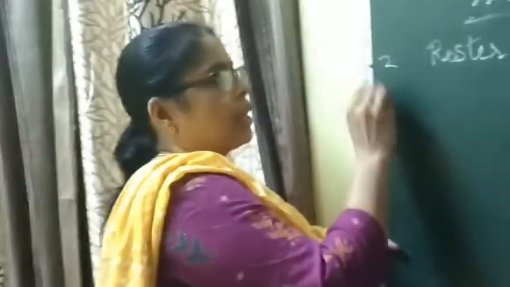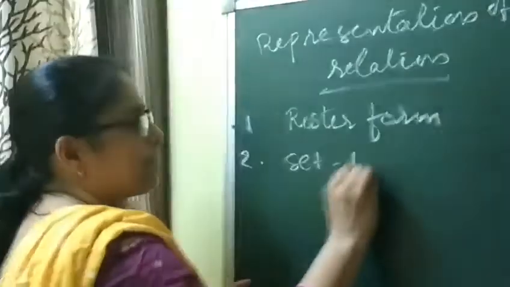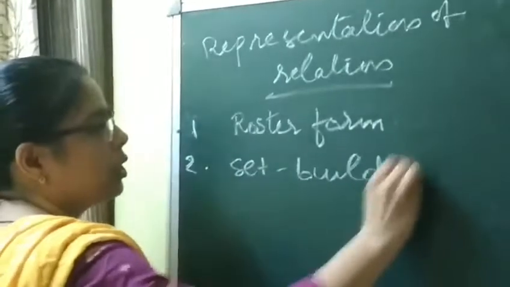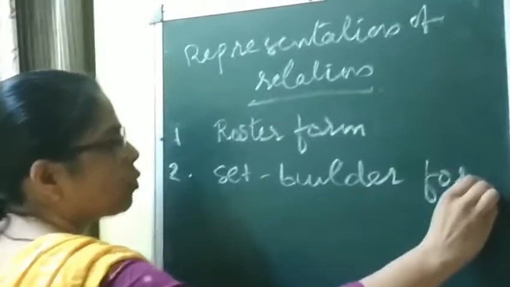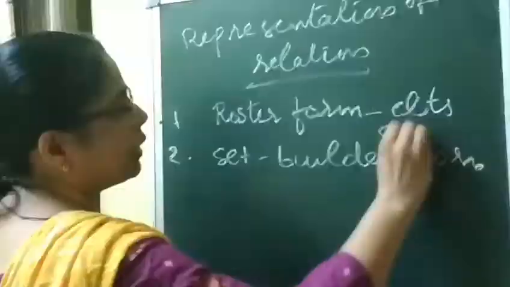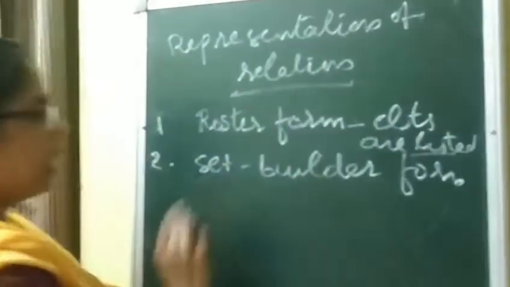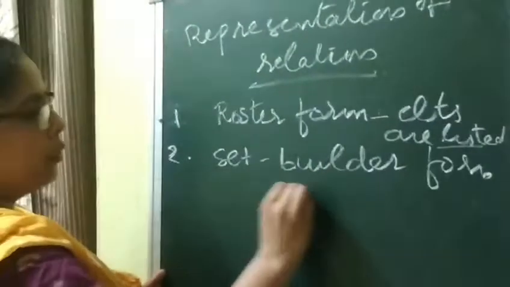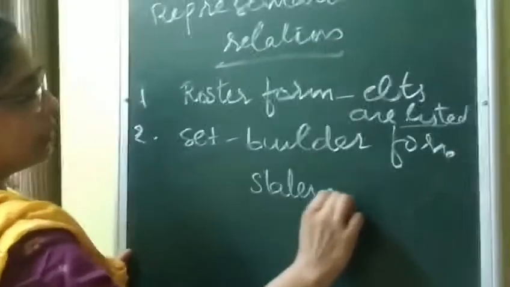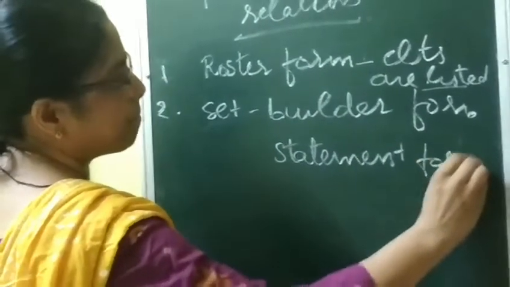The second one is, can anybody say? The second one is set builder form. Now, what do we do in roster form? In roster form, elements are listed directly. And in set builder form, the relation is given in statement form.